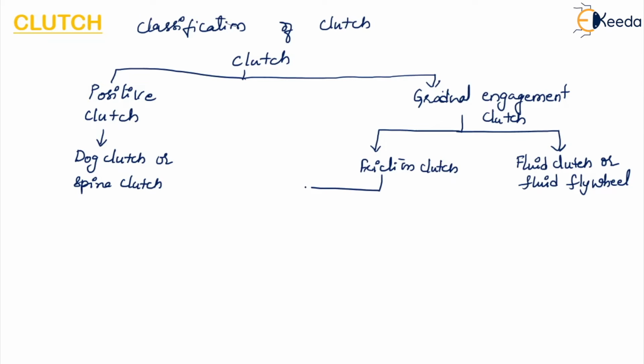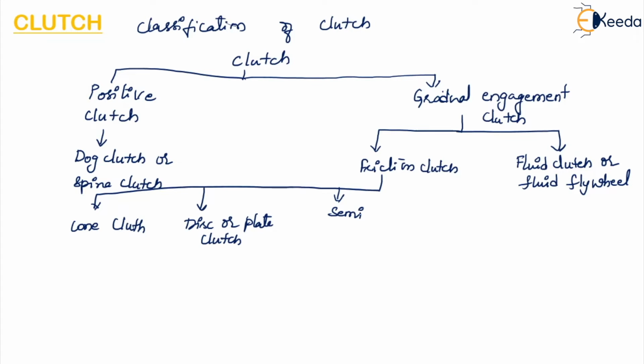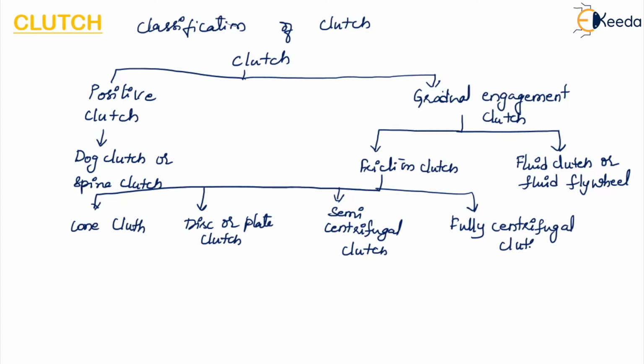Friction clutches are of four types: the cone clutch, then the disc or plate clutch, then the semi centrifugal clutch, and the last one is the fully centrifugal clutch. The cone clutch is of two types again, internal cone and external cone.